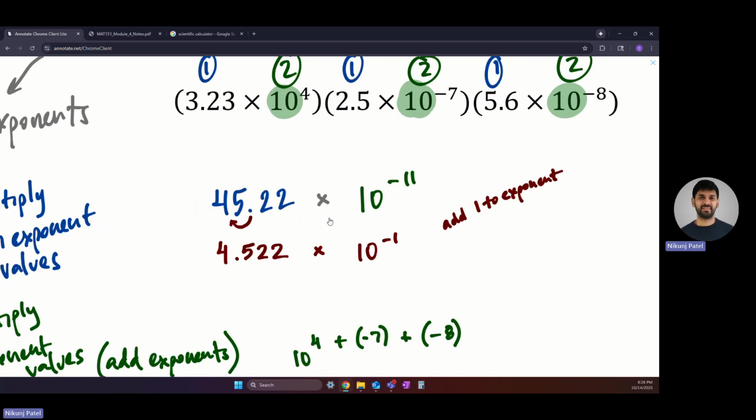And this would then become -10. And so on your exam, most of your answers should be, or all of them should be, in scientific notation. So the correct one would be that one right there, because this number is between 1 and 10.